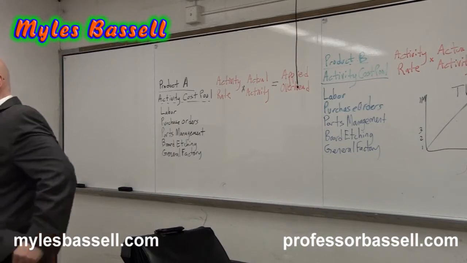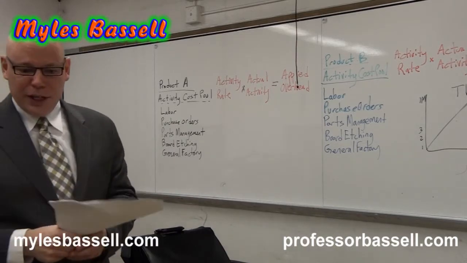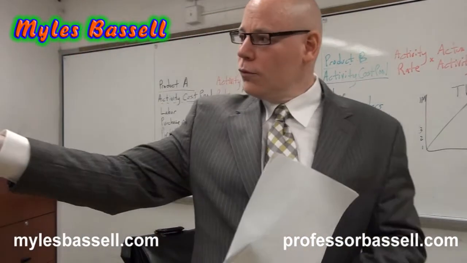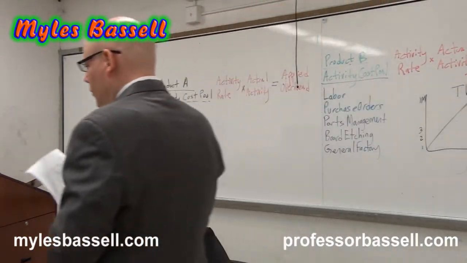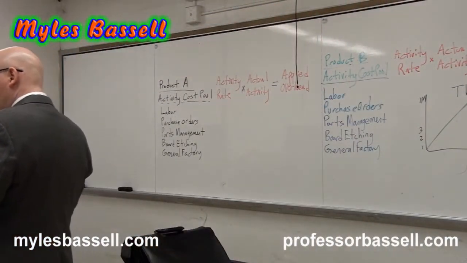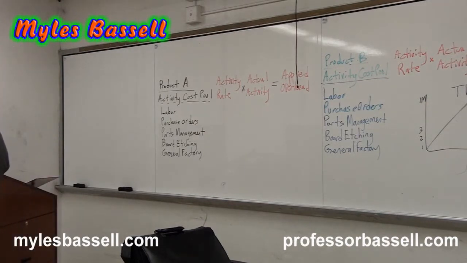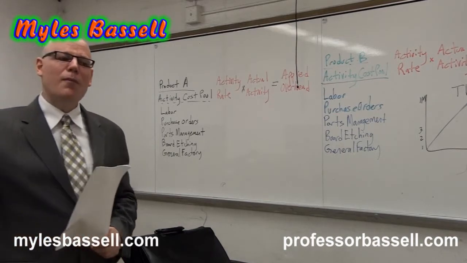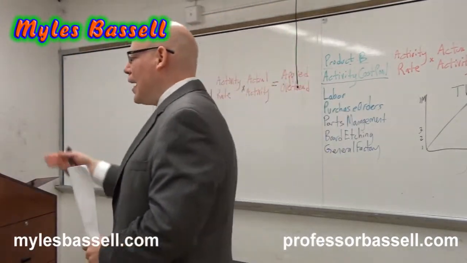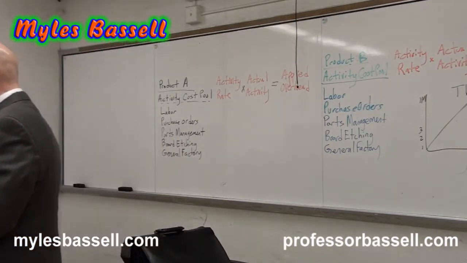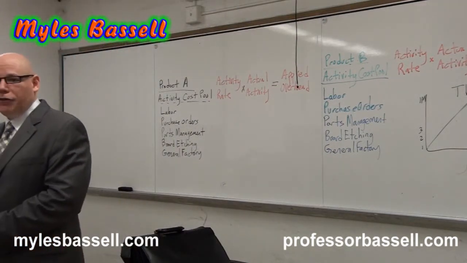But if we look at the number of hours that they work in a given year, that would help us to allocate that expense, that manufacturing overhead. If we look at the total number of hours. At the beginning of the year, we might make some assumptions about how many hours the controller is going to work. And then at the end of the year, we'll have to make an adjustment.